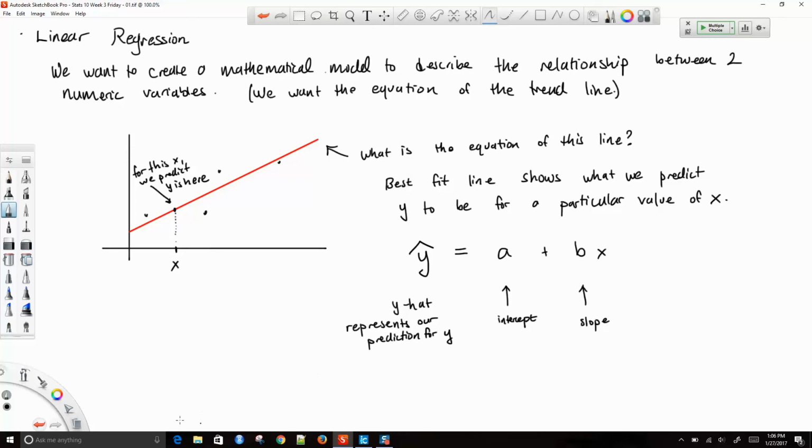And this is just the equation of our prediction line. That's essentially what we are doing with linear regression. We're going to find this equation.